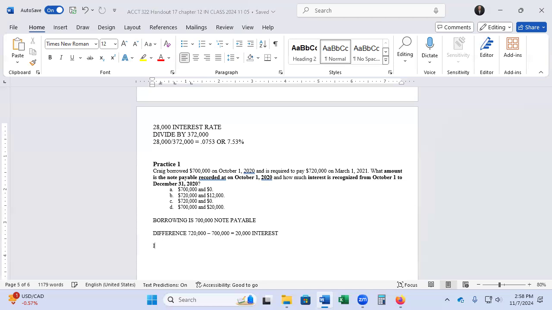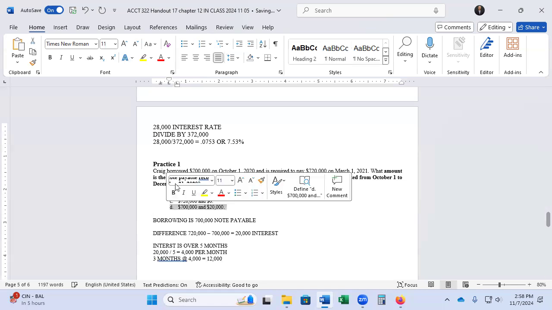And so interest is over 5 months. So 20,000 divided by 5 equals 4,000 per month. And we have 3 months, October, November, and December. And so that equals 12,000. So our answer here is 700,000 and 20,000.